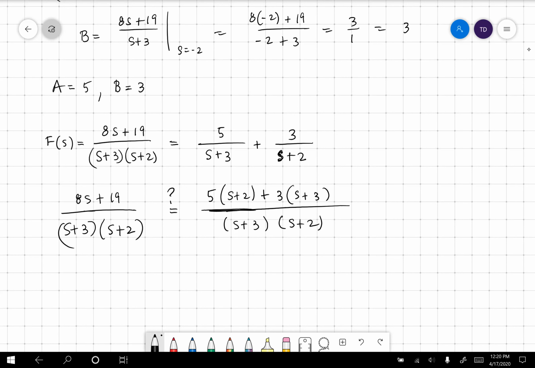So this process works for us all the time, provided this is a strictly proper rational fraction. If this fraction is not strictly proper, you can't do this. This is what I was telling you. My mistake is I did something like that. Here's an example of a mistake.